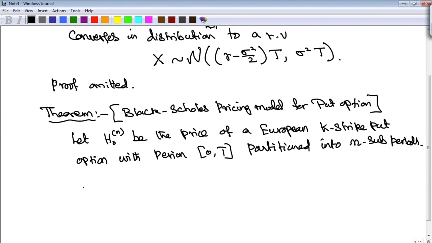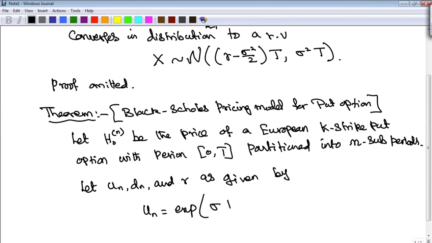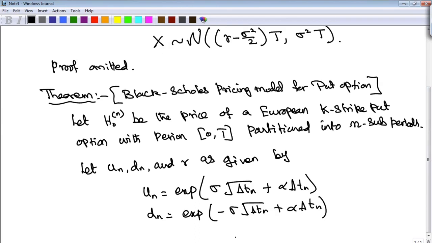Let us consider the parameters un, dn, and r as given, recall, in a general form: un is equal to exponential of sigma root delta Tn plus alpha delta Tn, and Rn is such that 1 plus Rn is equal to e power r delta Tn. So these are the ways we have defined the parameters.